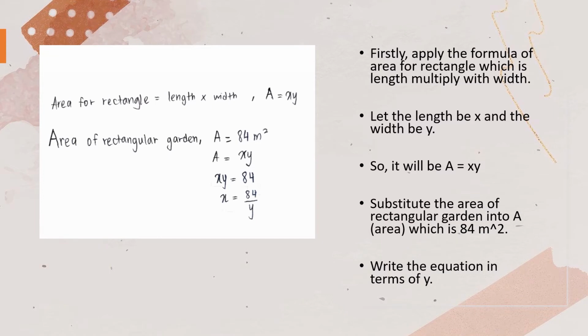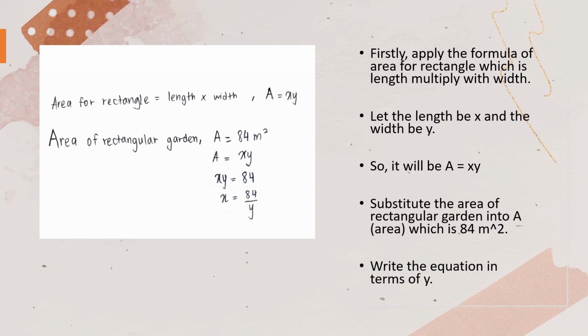So firstly, we are going to apply the formula for area of a rectangle, which is length multiplied by width. So we let the length be x and the width be y. So A, which represents area, equals x times y.